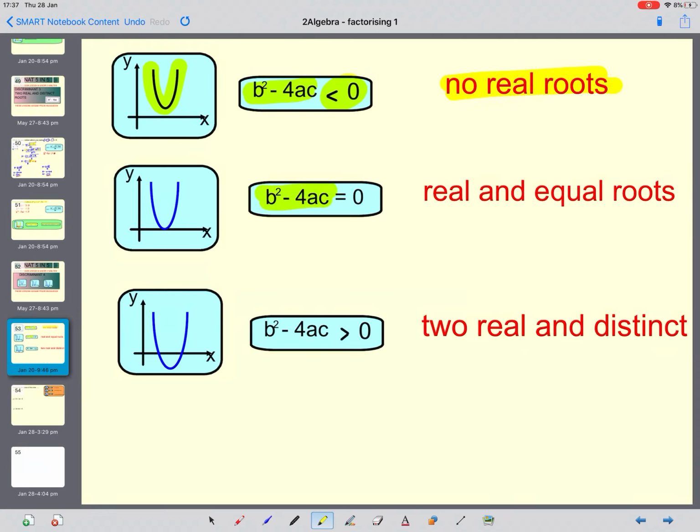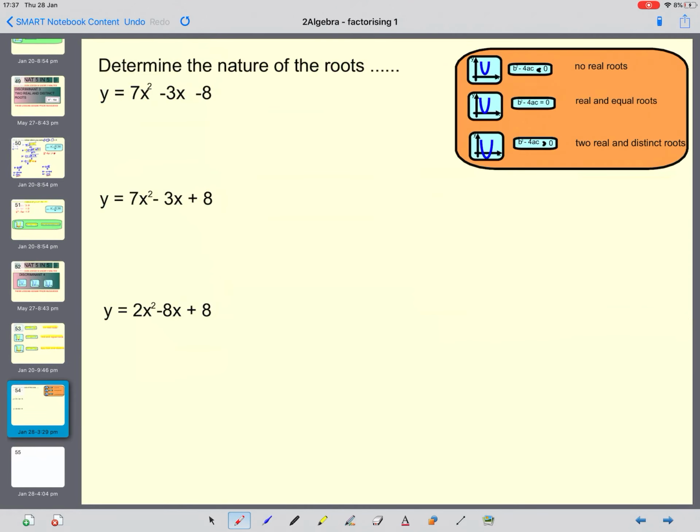If b squared minus 4ac is equal to 0, it touches the x-axis at that point, and we call that real and equal roots. And if b squared minus 4ac is greater than 0, you have 2 real and distinct roots. It cuts the x-axis at 2 different places. You can see here it cuts at 2 places, touches at 1 place really, and the top one doesn't touch at all.